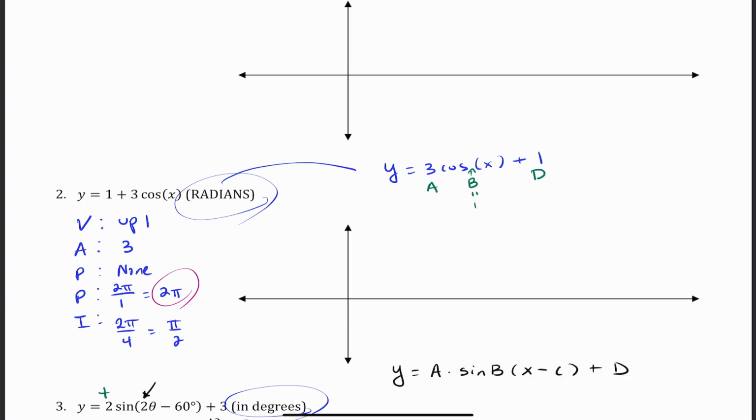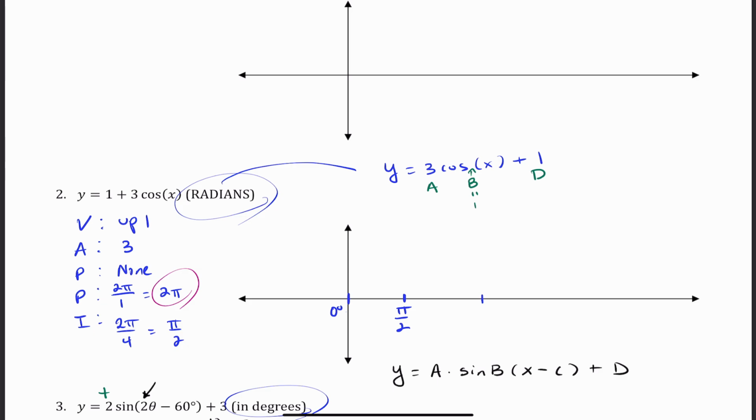Okay, so we don't have a phase shift. That means we can start at 0. Okay, and then we are going to add a pi over 2. So 0 plus pi over 2 is pi over 2. Then what's pi over 2 plus pi over 2?